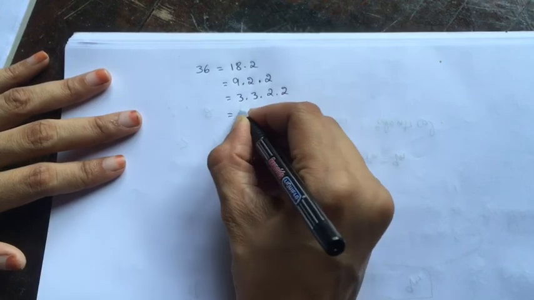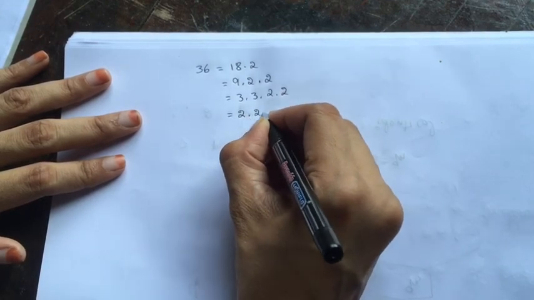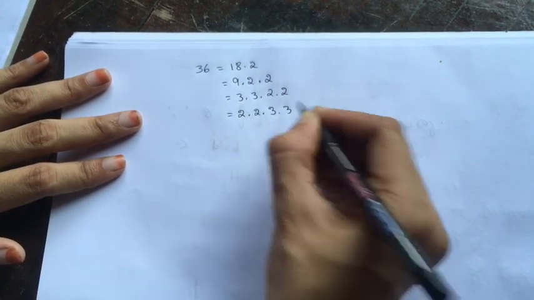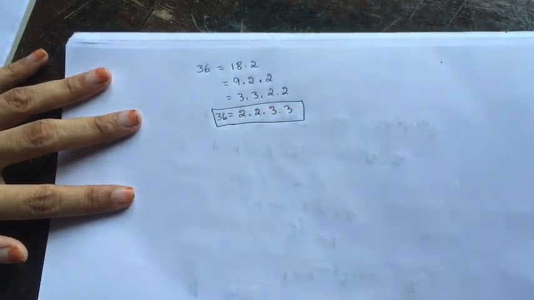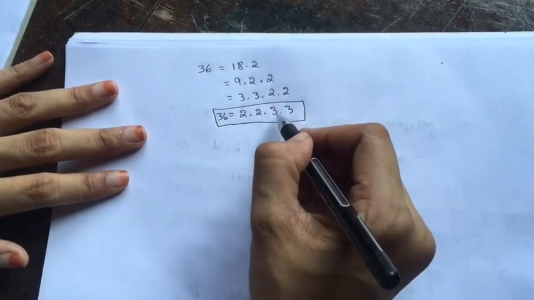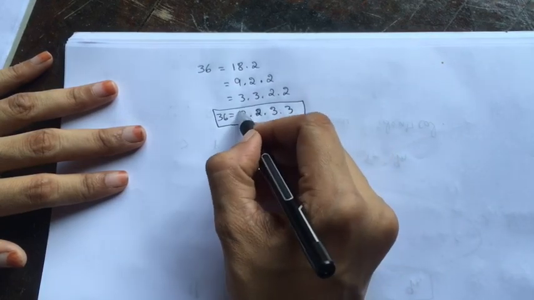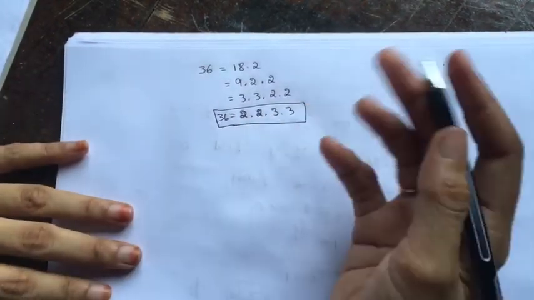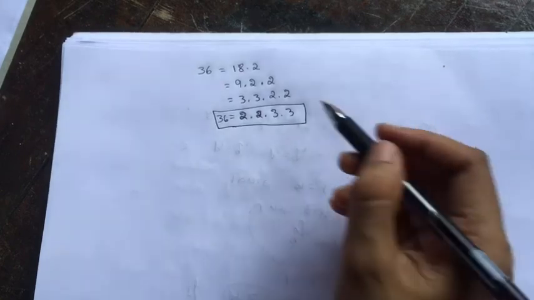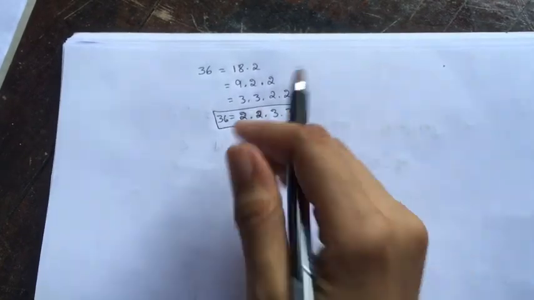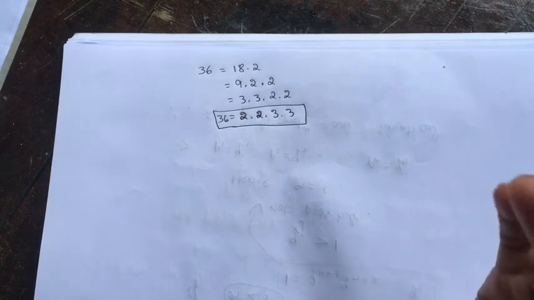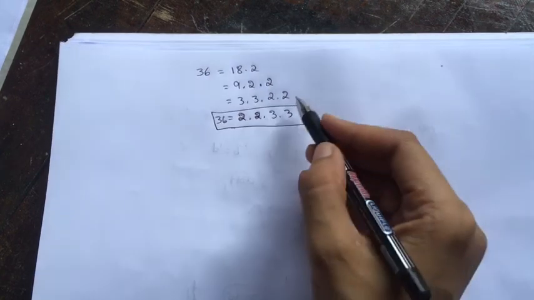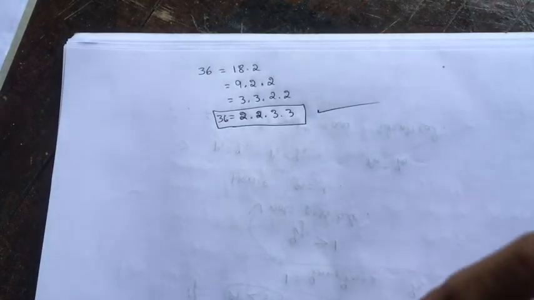In fact, I have to write always in increasing order. You got it? This representation is unique. It's just that numbers are repeating. Okay, no problem if it is repeated. But I cannot write it in any other way as a product of primes. So this representation is unique.